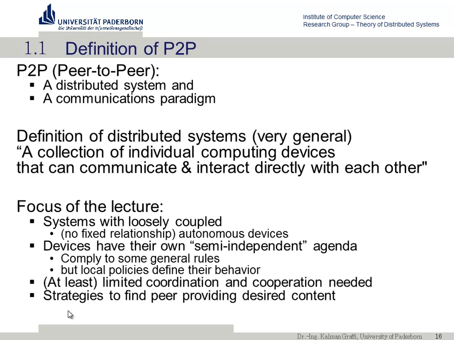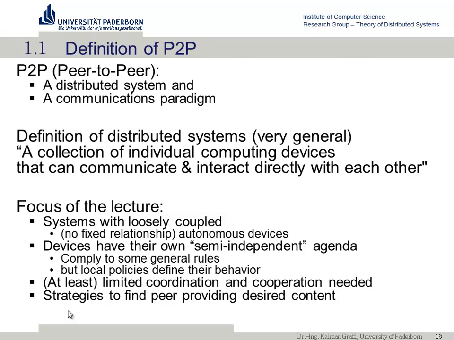To point out more the focus of the lecture and what peer-to-peer is, you can assume that these systems are loosely coupled, so they are very autonomous. If you think of a typical peer-to-peer network, you have user devices, and the user does with his device what he wants. He turns it off, he turns it on when he wants, he issues requests as he likes, so the devices are very autonomous.